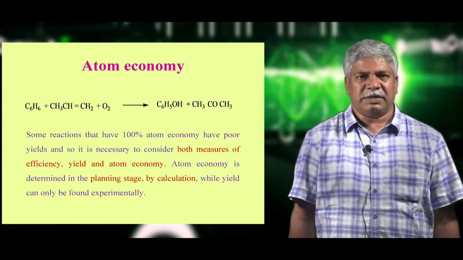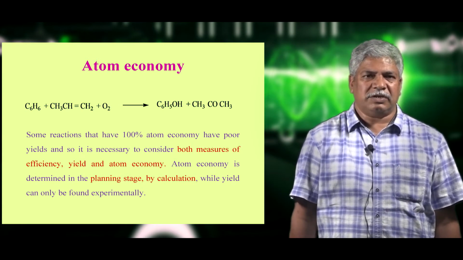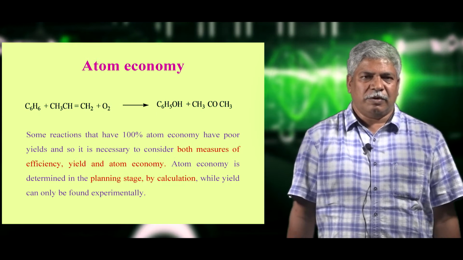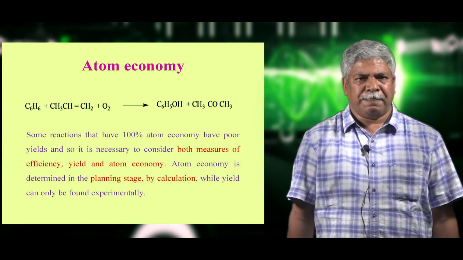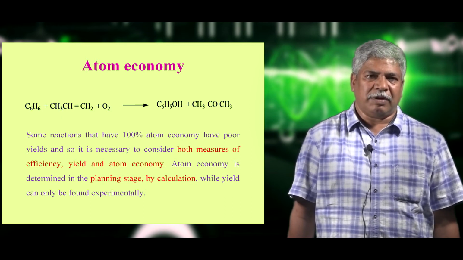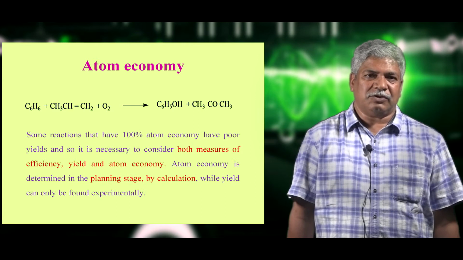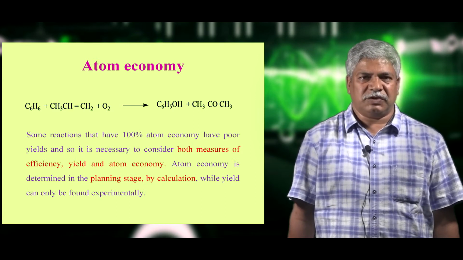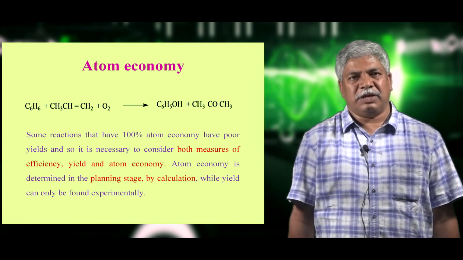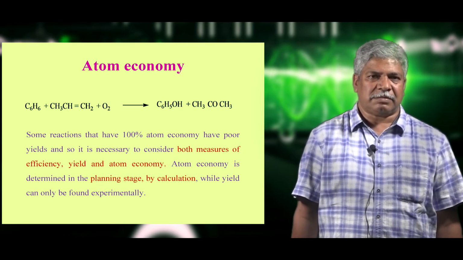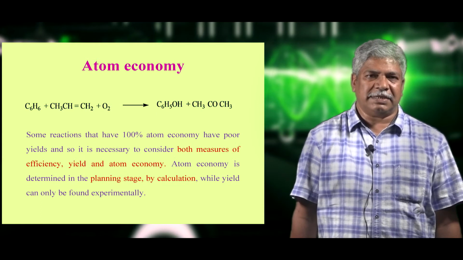So 100% atom economy for a reaction is very beautiful. We should consider this as far as green chemistry is concerned. While considering atom economy, it has to be carefully noted that in some reactions the atom economy may be 100%, but the reaction yield will be less. If the reaction yield is less, then once again the waste will be more.